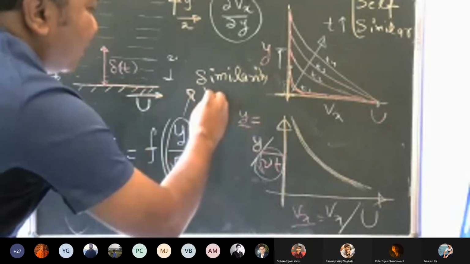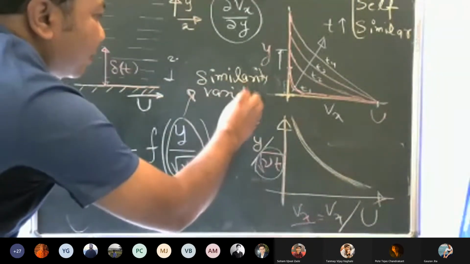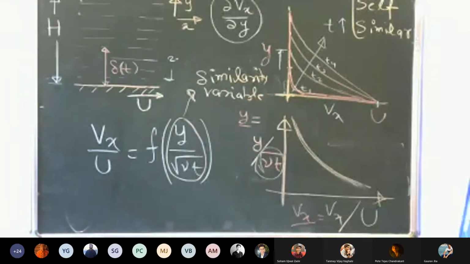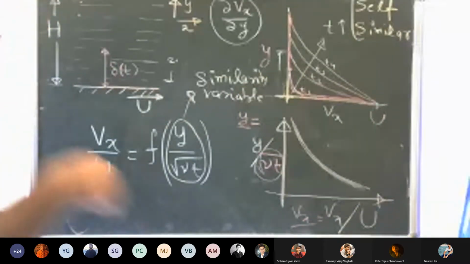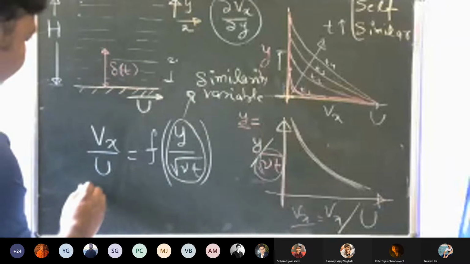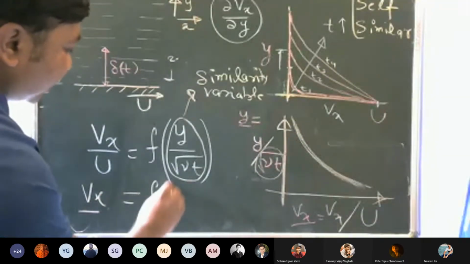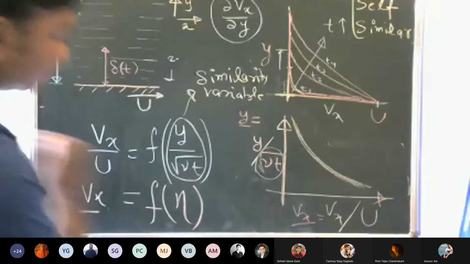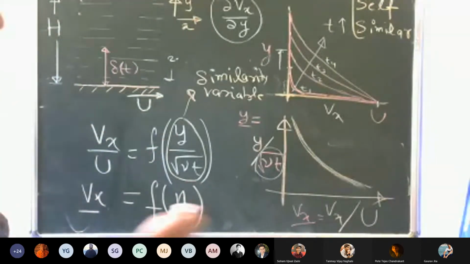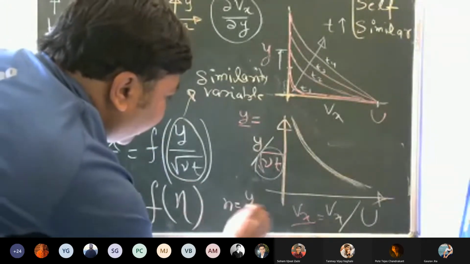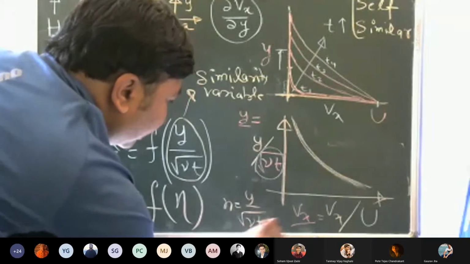Similarity variable. So basically what we are saying is the non-dimensionalized velocity, let's say Vx bar, is a function of eta. Eta is nothing but y by root nu t.